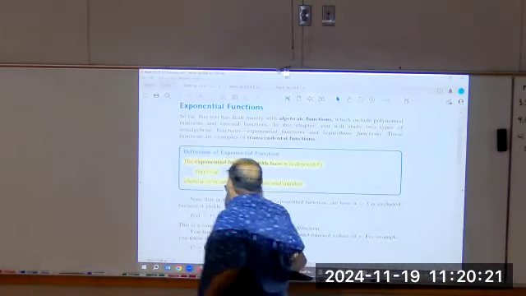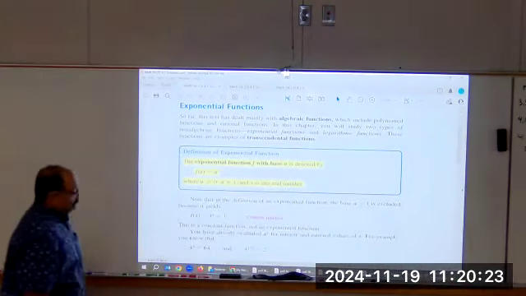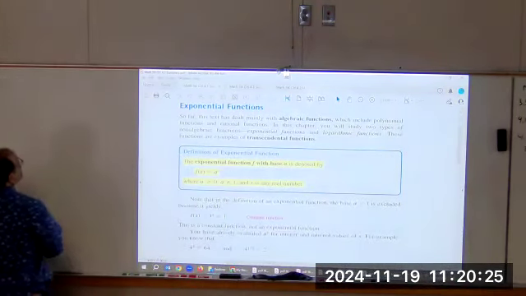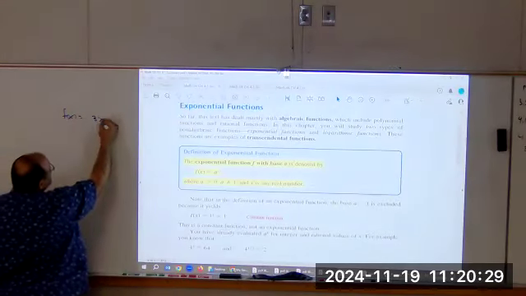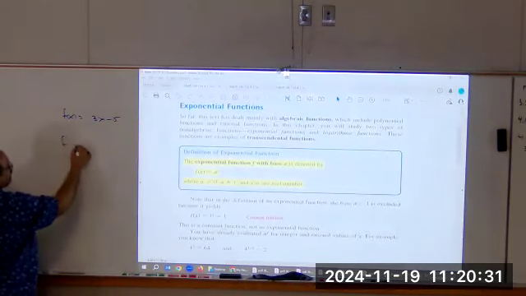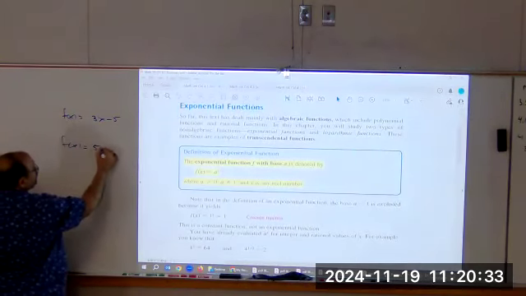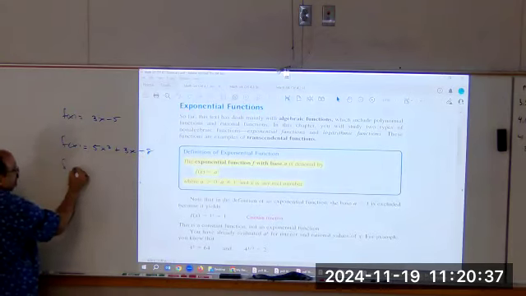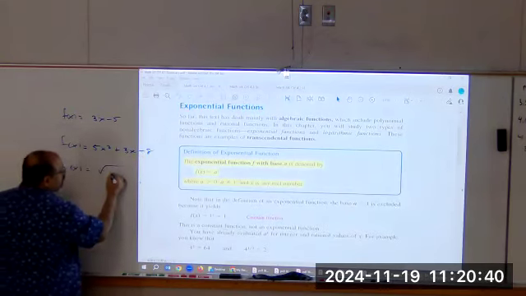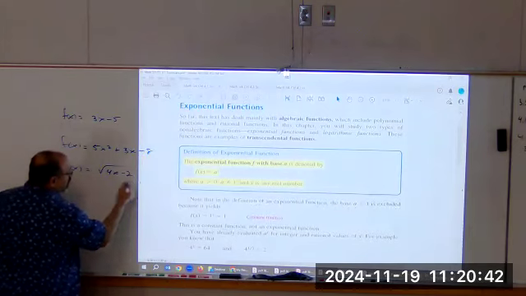So far, this text has dealt mainly with algebraic functions. Algebraic functions: f of x equals 3x minus 5. F of x is equal to 5x squared plus 3x minus 8. F of x is equal to square root of 4x minus 2.